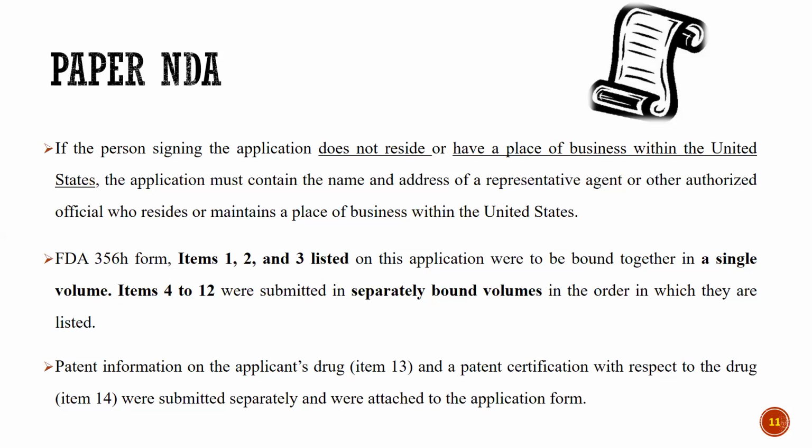Patent information on the applicant's drug and the patent certification were submitted separately and attached to the application form. In item 13, patent information of the applicant's drugs is given, and the patent certification details are given in item 14.